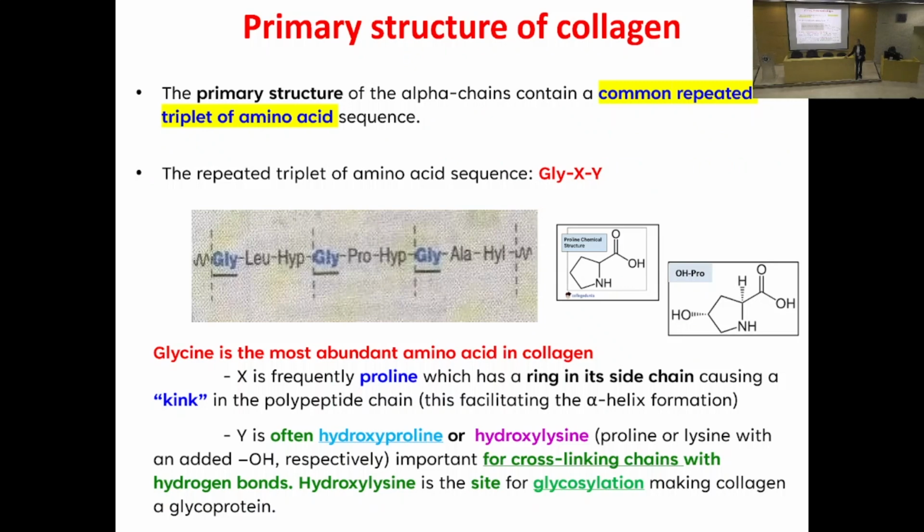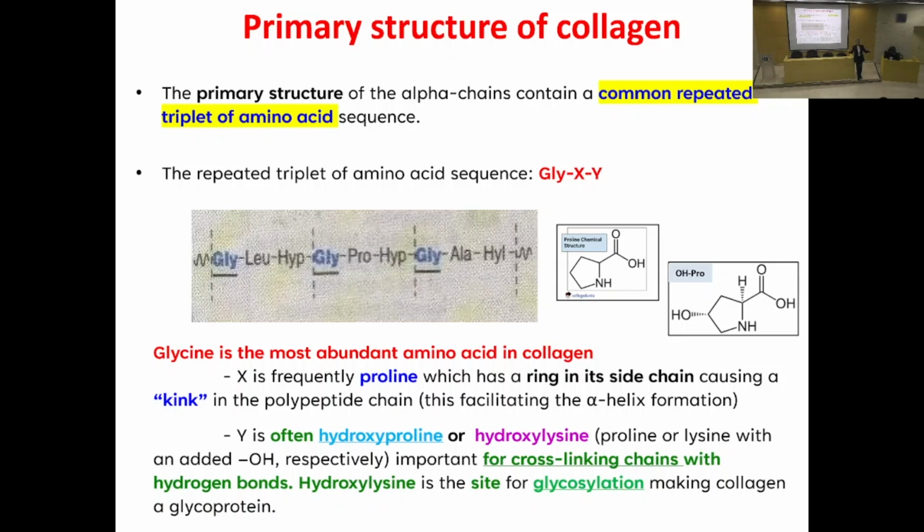All right. Now the primary structure of collagen. You will study this in biochemistry: when you study protein structure, there are four types of structures: primary, secondary, tertiary, and quaternary structure. I will not go through the details, but just keep in mind that the primary structure is the sequence of amino acids.